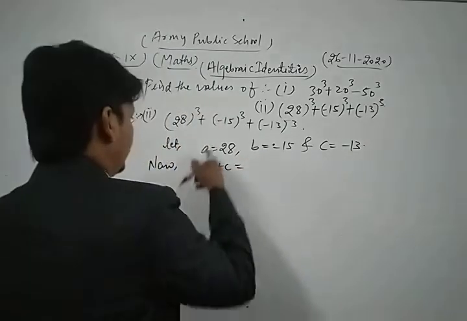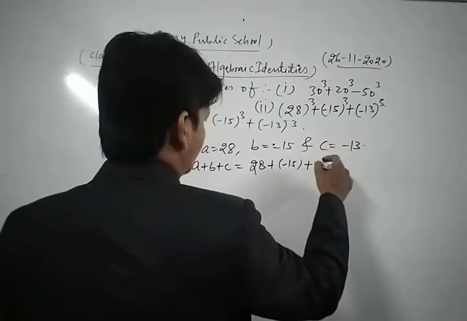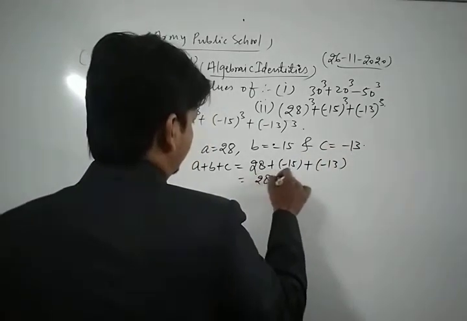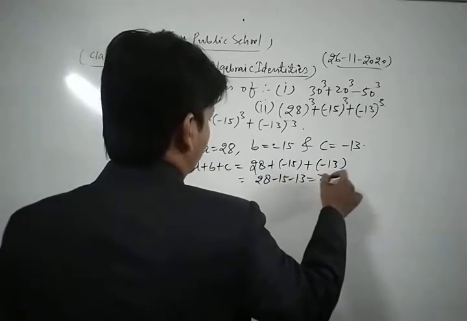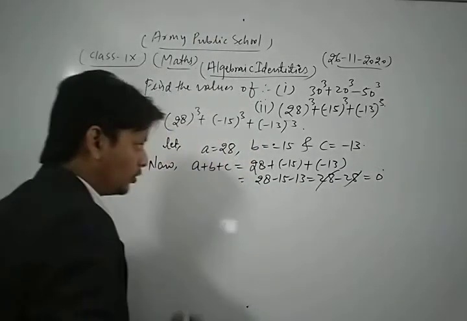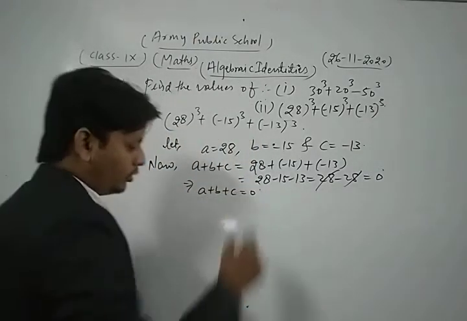A means 28, B means minus 15, plus C means minus 13. So we get plus 28 minus 15 minus 13, that is 28 minus 28. These cancel each other, so we get 0. Thus the value of A plus B plus C is equal to 0.